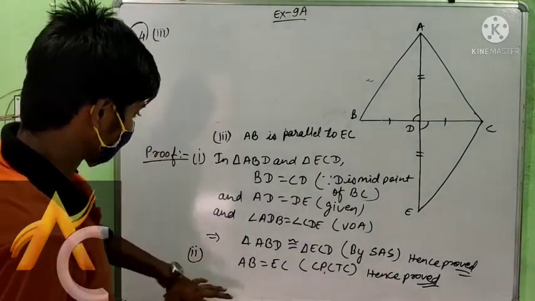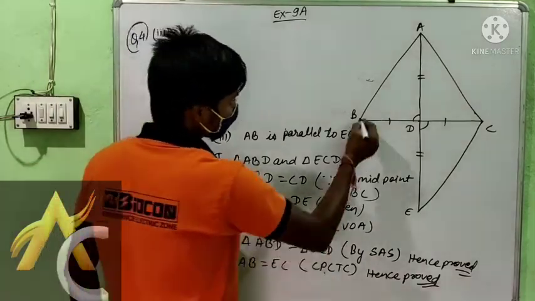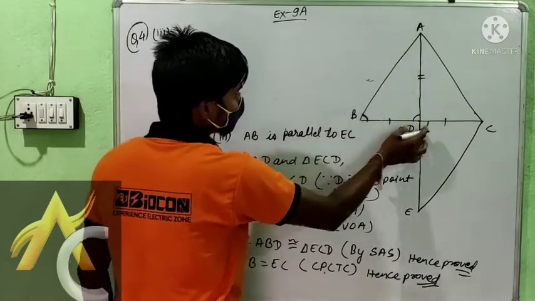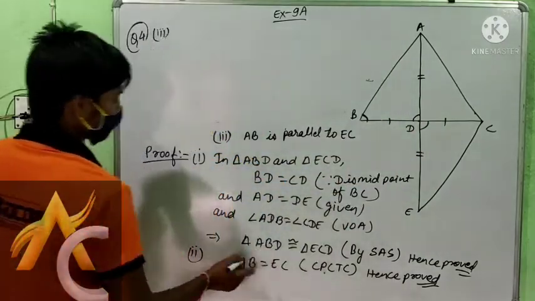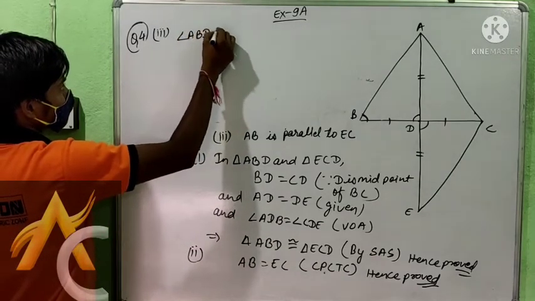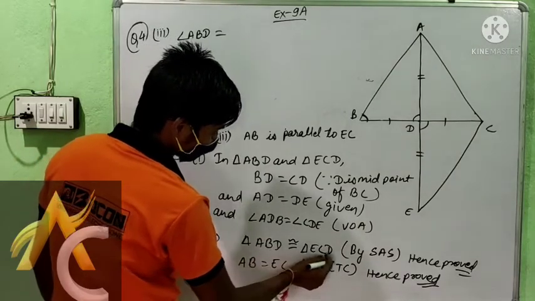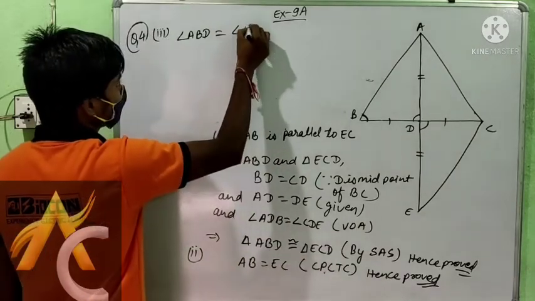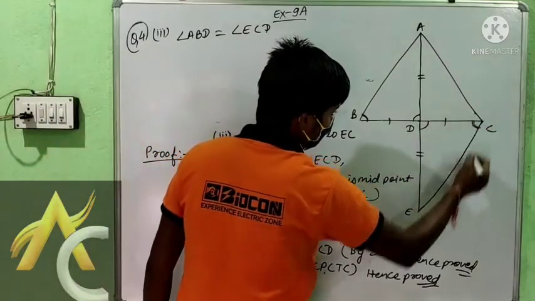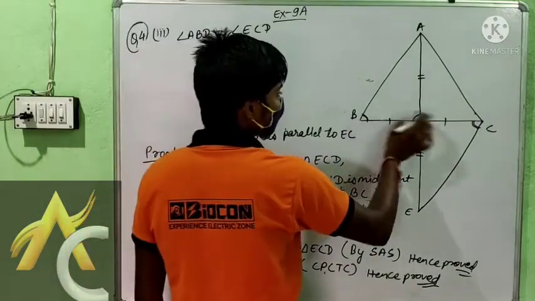Now since these triangles are congruent, so if we take this angle, that is angle ABD, then it will be equal to angle ECD, ABD and ECD, right? Now ECD angle is this. Just look at this figure carefully. These are alternate interior angles.